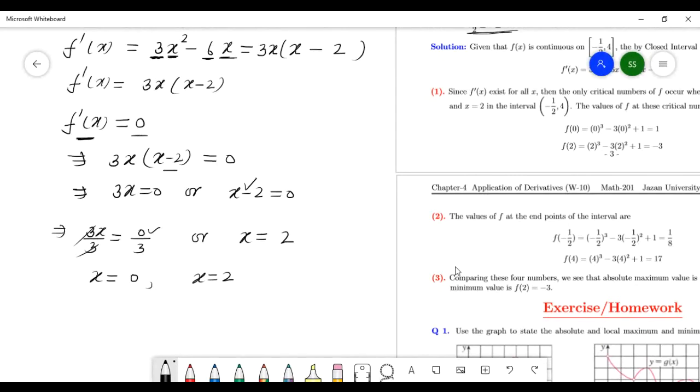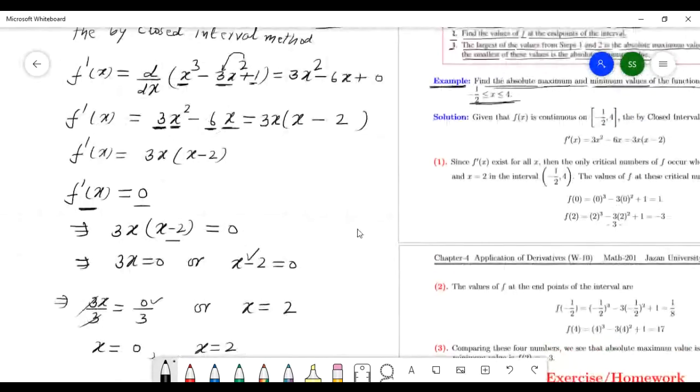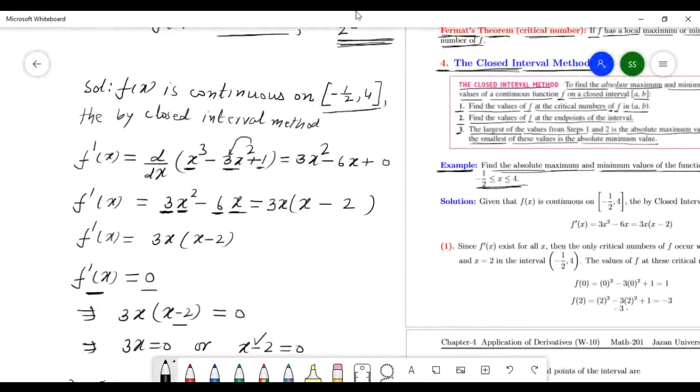Now tell me, are x equal to 0 and x equal to 2 present in the interval, from minus 1/2 to 4, the closed interval given in the question?